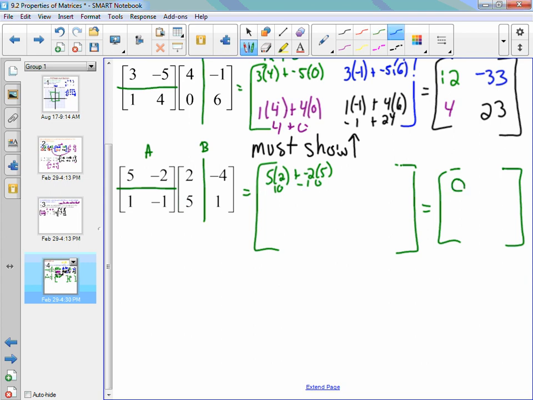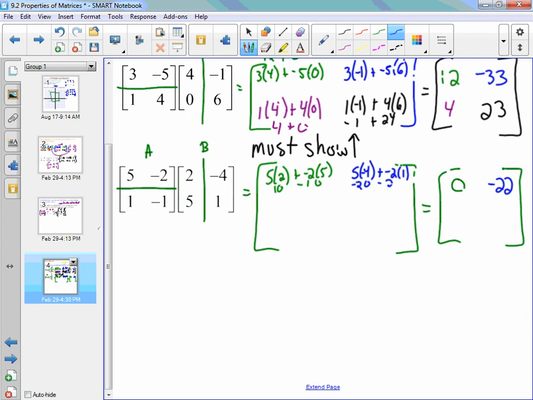We're going to multiply row 1 by column 2, so we have 5 times negative 4 plus negative 2 times 1. Oh, sorry, we had negative 4, so we have negative 20 minus 2, we get negative 22.